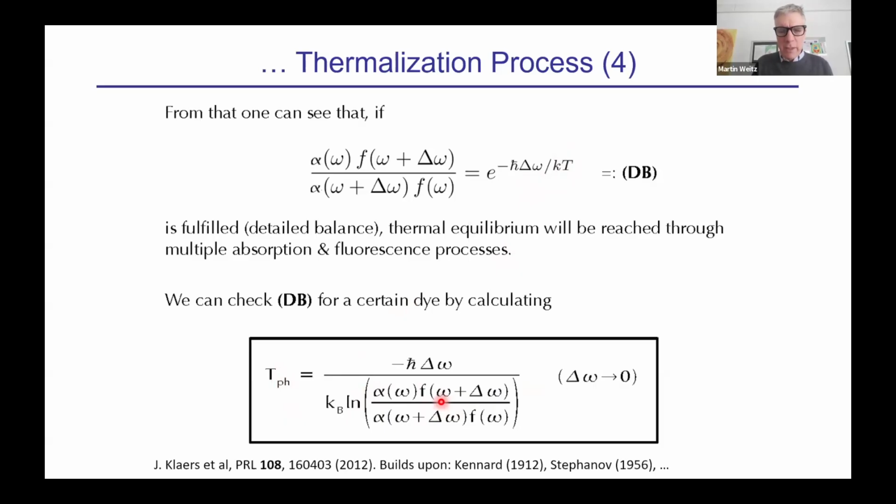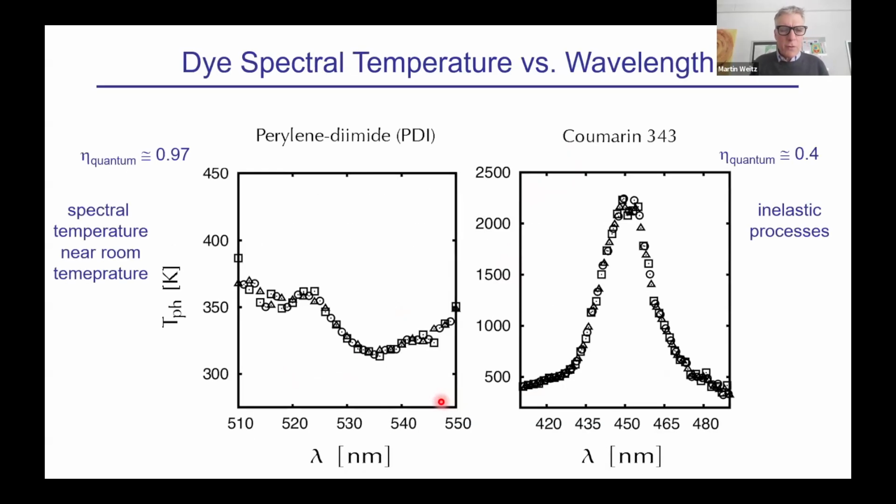Now the question is, is that fulfilled for different dyes? If you look, for example, at perylene diimide, you find that the spectral temperature is relatively constant. There are variations of 10, 20%, but that's still relatively small, and it's also hard to measure, so this might well also be measurement inaccuracy.